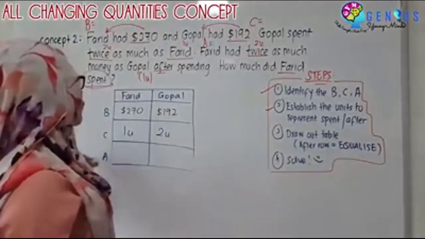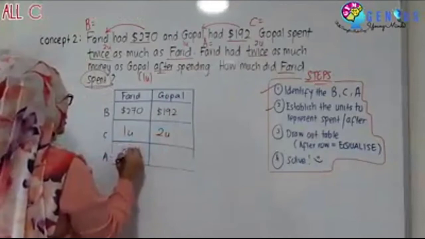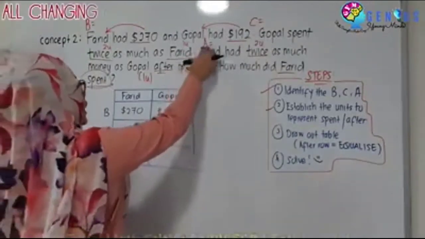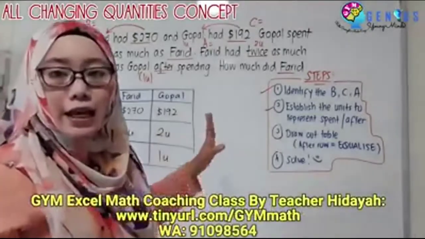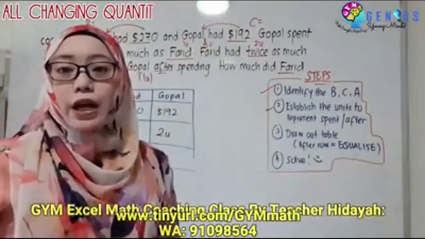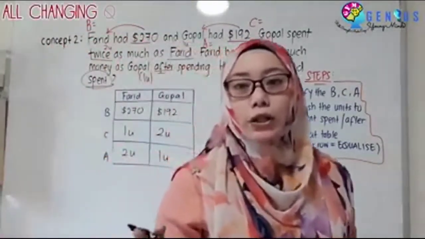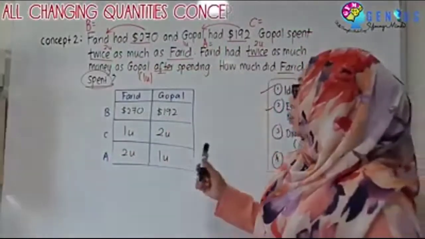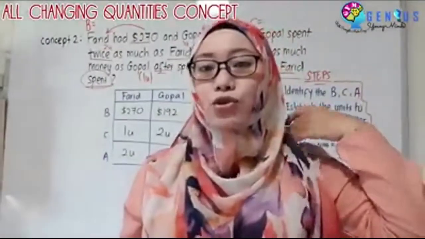Now after Farid. After Farid he has 2 units. After Gopal he has 1 unit. You see how I actually just identified and then picked and put into the box. Okay, it is very easy, much clearer than if your child were to draw out the model. Because if your child draws out the model, he has to draw 2 sets of model and he must know what to transfer.